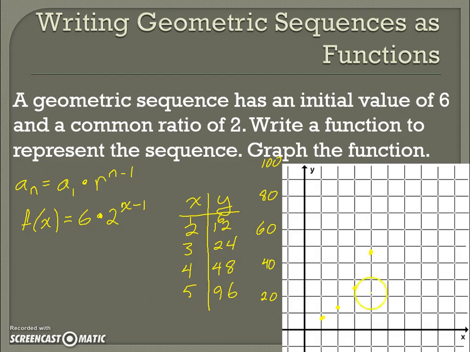And you start seeing the shape of an exponential function, which is what we have going on here. It should look like that. All right, so my lines are going off, but you'll do better than that because you're not doing it on a computer. So there is my function using an explicit formula, and here is my graph of this.